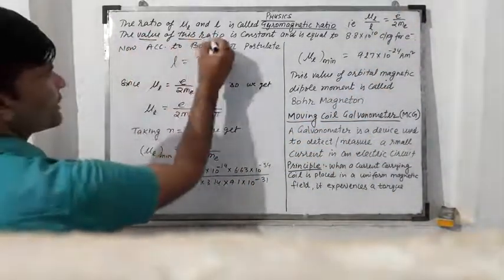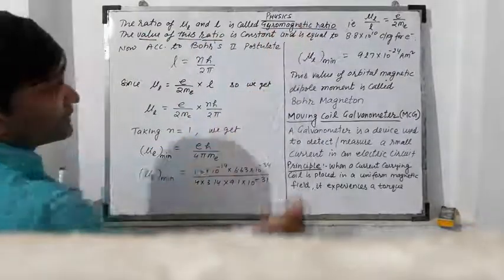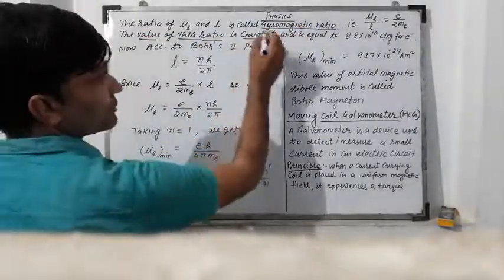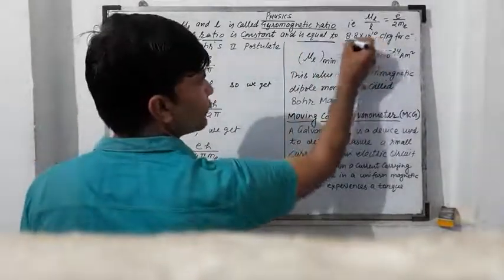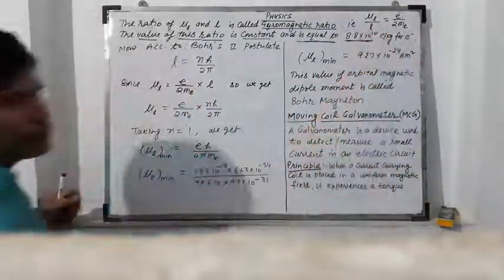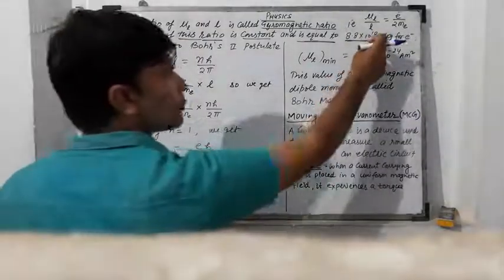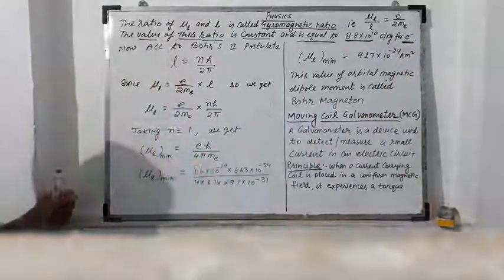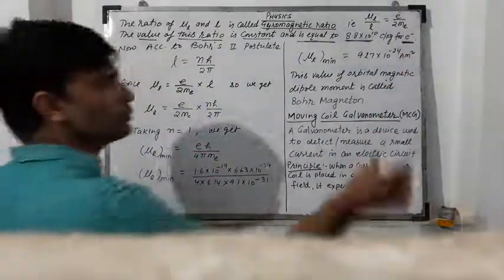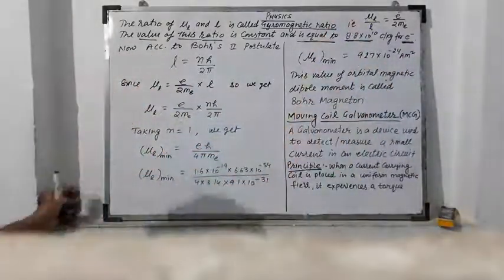The value of this gyromagnetic ratio is constant and is equal to 8.8 into 10 to the power 10 coulomb per kg for an electron.